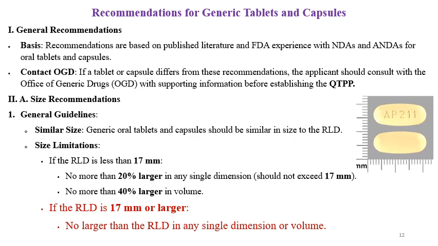So if the RLD is less than 17 mm, you can get a margin of 20% larger dimension and 40% volume. But if the RLD is more than 17 mm, then no larger than RLD in any single dimension or volume.